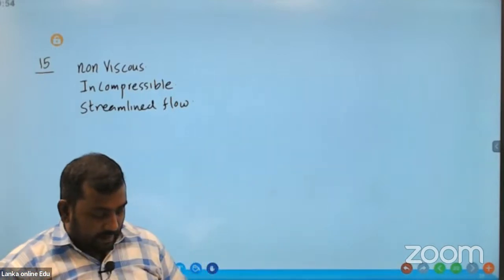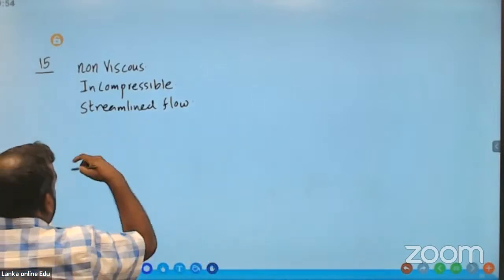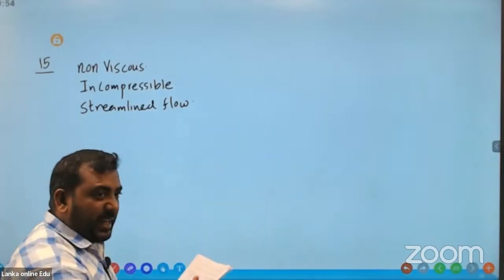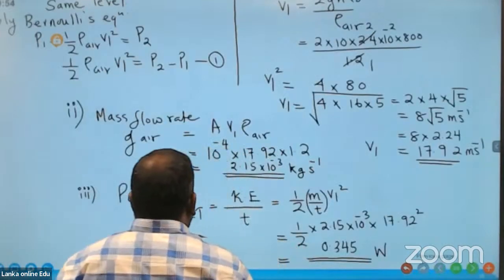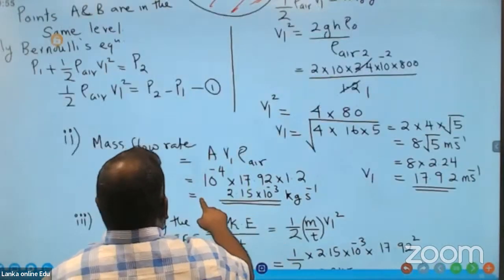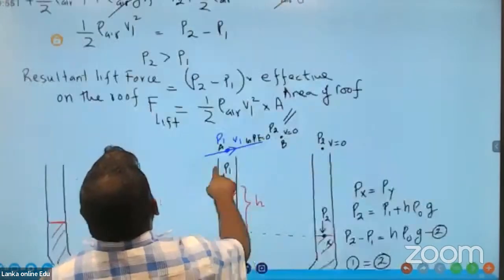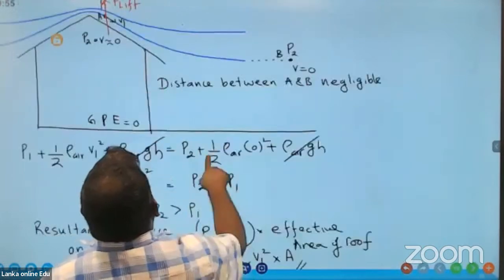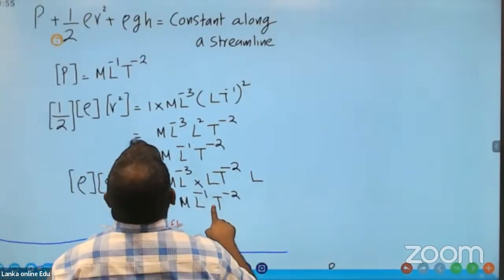State that the above equation is dimensionally correct. Because I have done this earlier, I won't do it again, but I'll show how I did it.